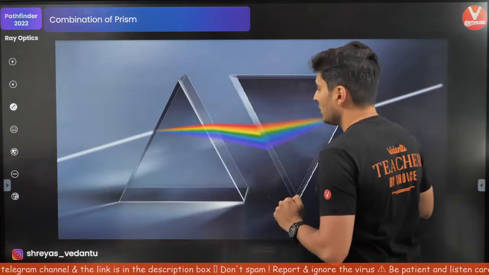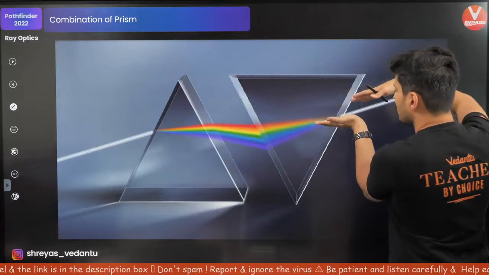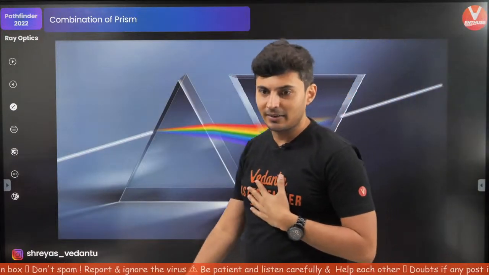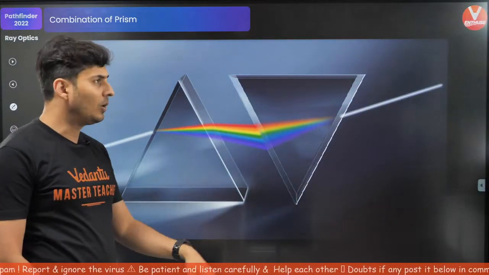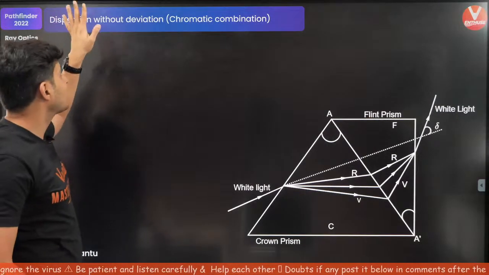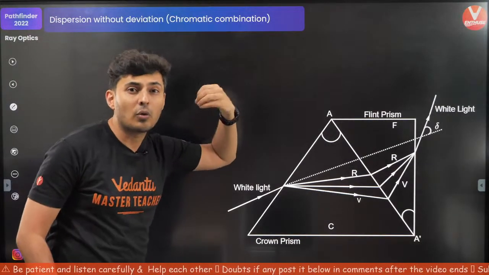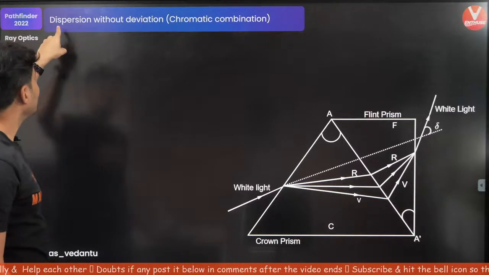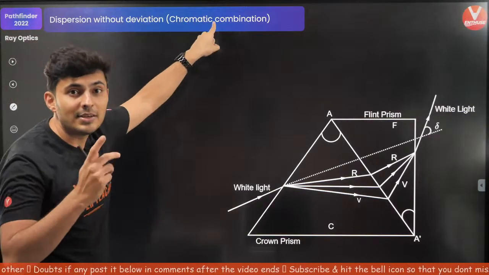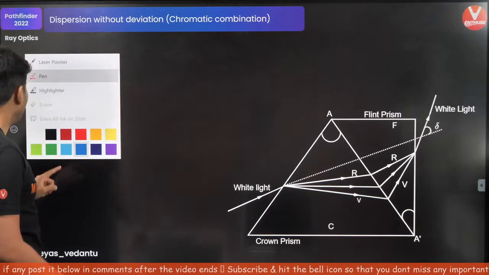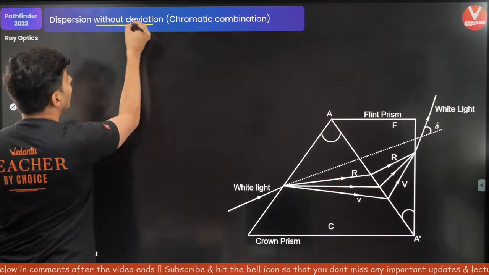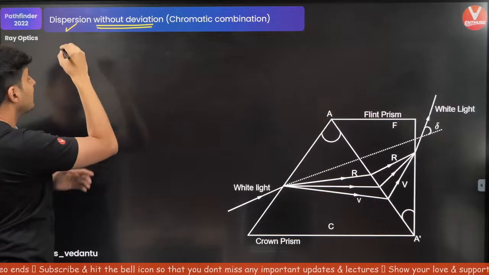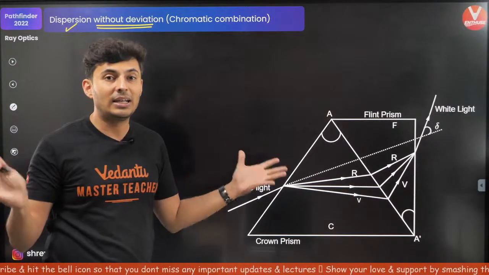Now this is the combination of prisms where the light spreads and again converges back. But on this side, you might not get exactly what you are expecting. That's why you have two kinds of combination of prisms. One is dispersion without deviation, which is also called the chromatic combination. What does that mean? Observe: dispersion without deviation. Very important. What is the key word? Without deviation. Dispersion is happening, spreading of colors.